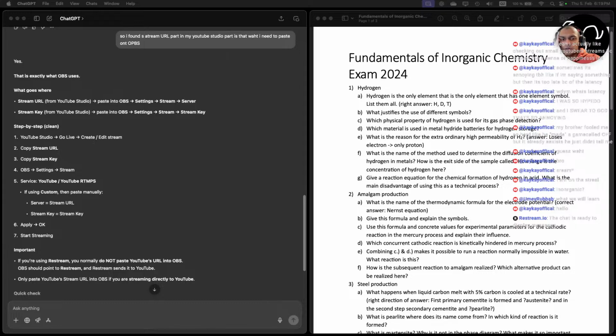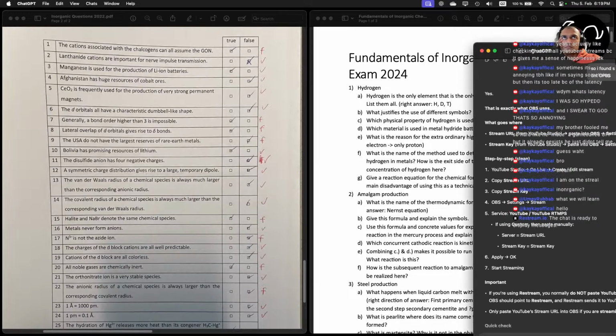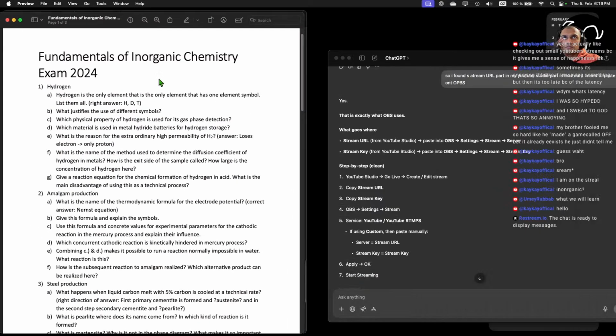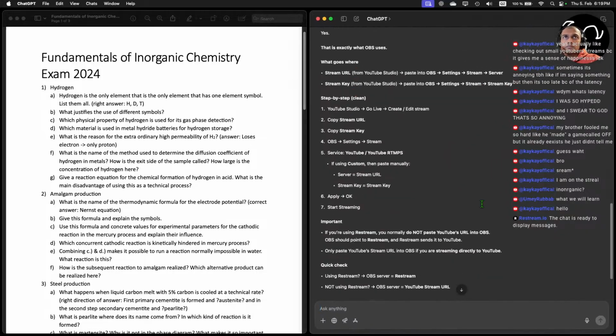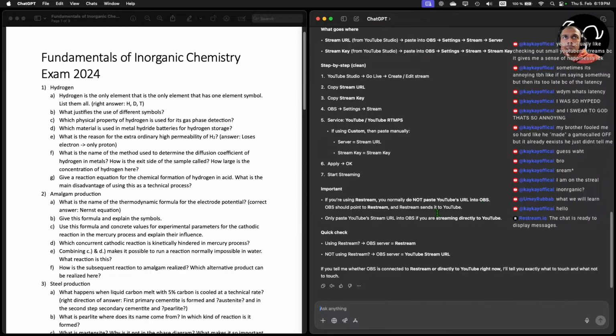So I can still change it, but no. OBS is connected to Restream, I believe.